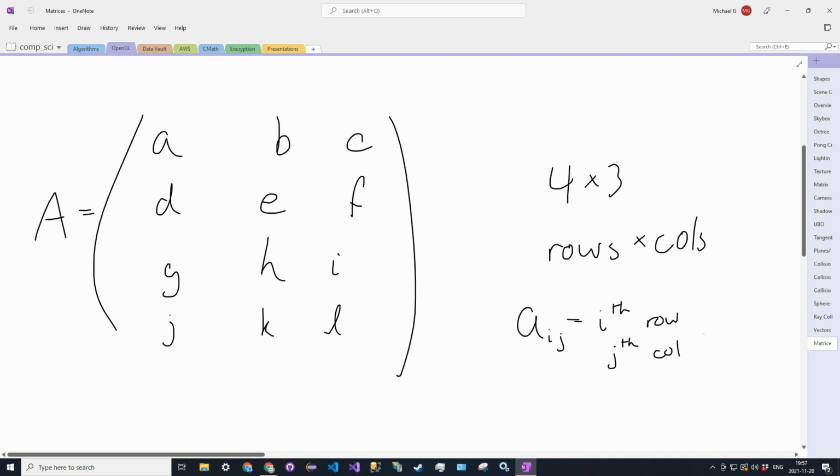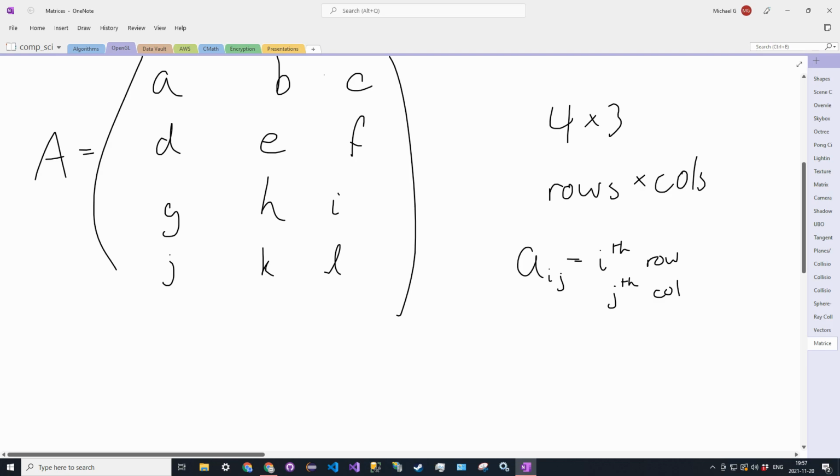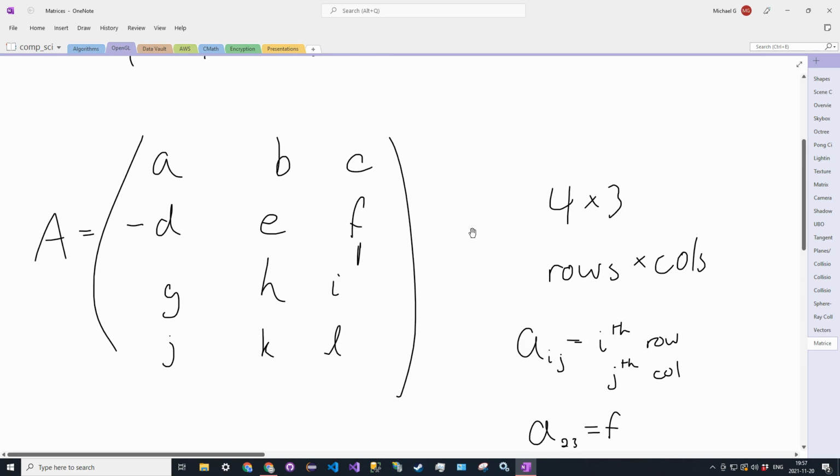So it's kind of like indexing into a 2D array, but this time the indexing starts at 1. So for example, A 2,3 is row 2 over here, column 3 right here, so that is equal to F. That's pretty much just how matrices are indexed.